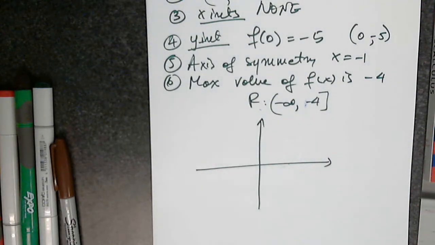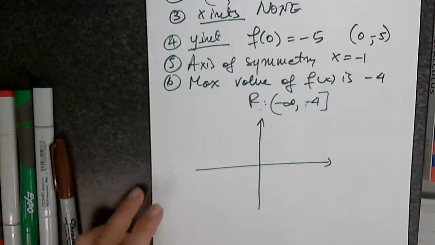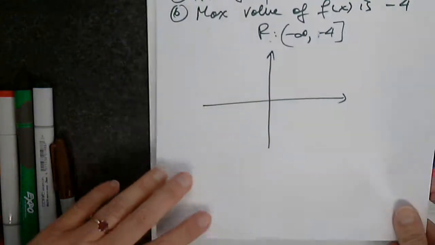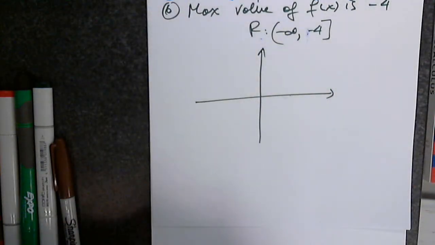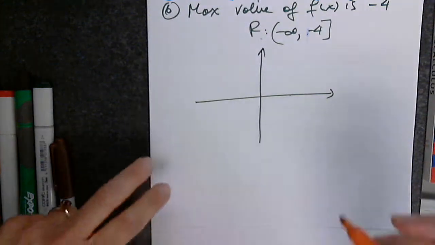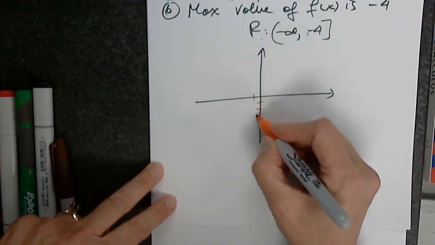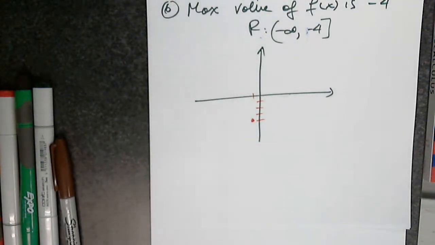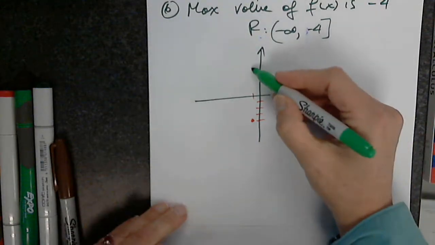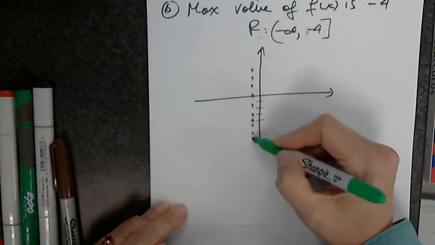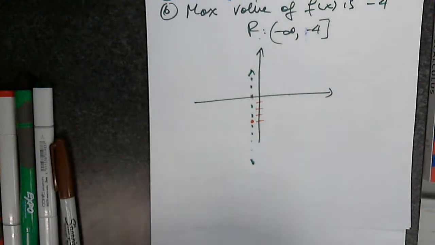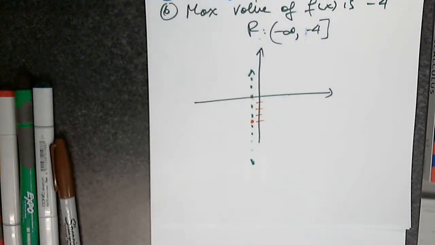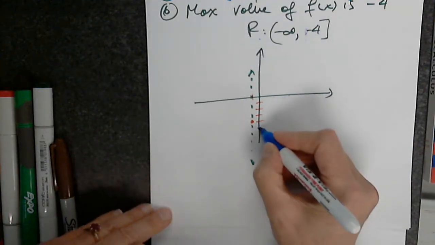I start with what? The vertex. Very good. -1, -4. It's right here. Then I continue with the axis of symmetry, and the y-intercept, 0, -5.